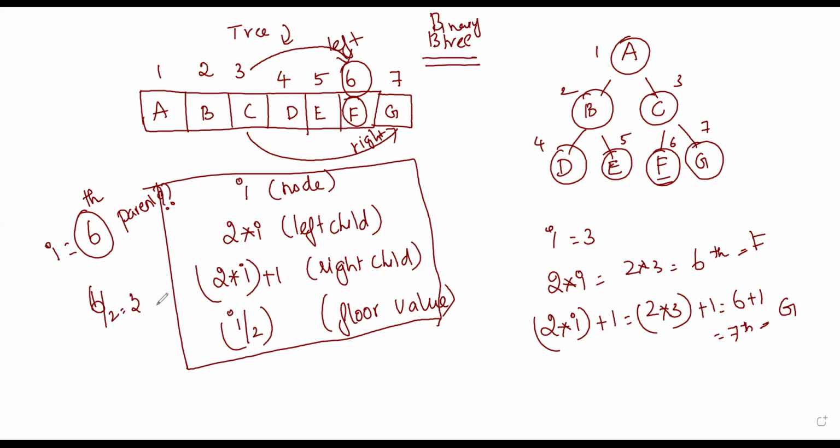Here you didn't get any decimal value, but if you get decimal values, then you have to use the floor value. So the 6th position element's parent is at the 3rd position. What is it? C. So the 6th position element is F, and F's parent is C, which is at the 3rd position.